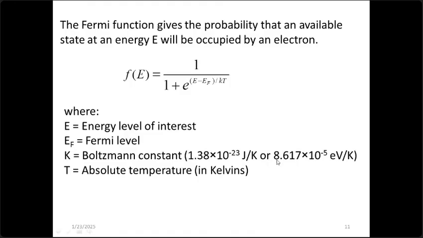So this K has two values. Maybe almost all of you have never seen this function, or there has not been a need for you to know it. Now there's need. The value of K, which we call the Boltzmann constant, is 1.38 times 10 raised to power negative 23 joule per Kelvin.